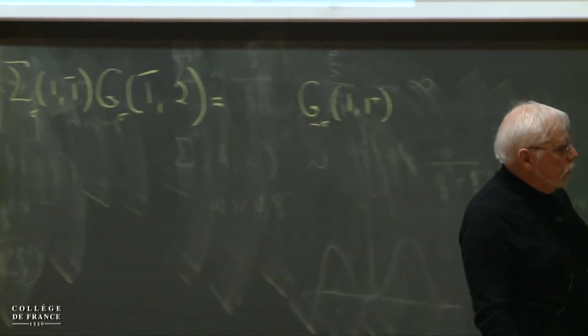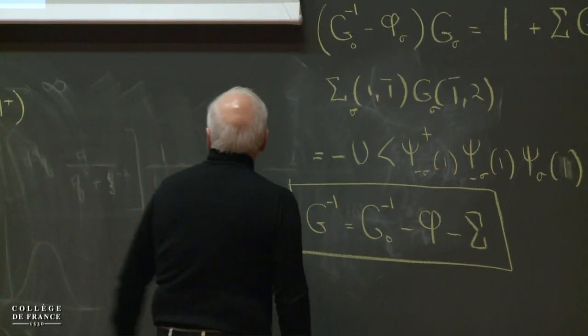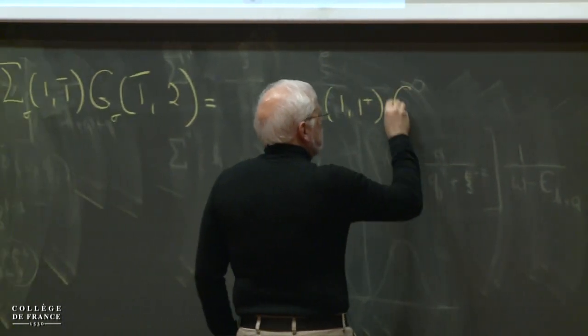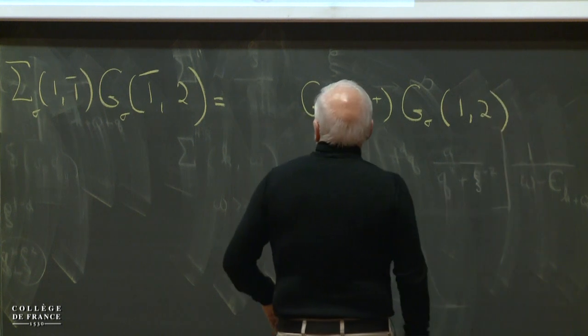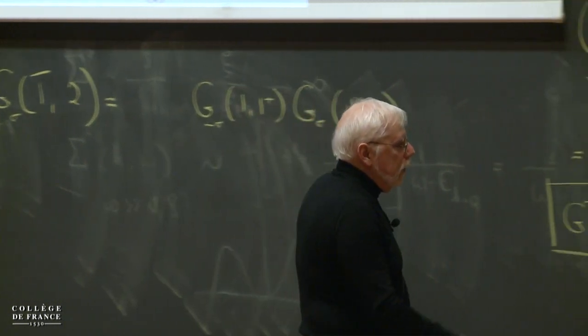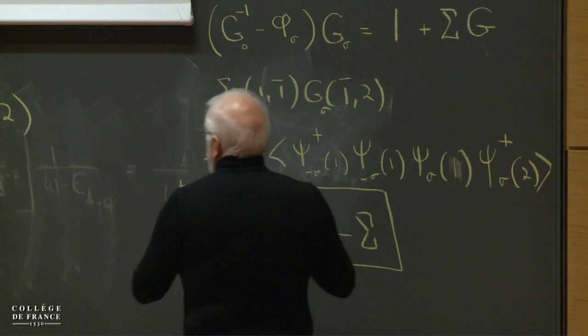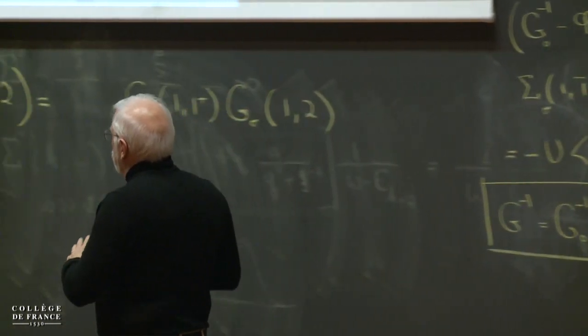The plus here just means this time order. And I have a G sigma of 1, 2. But what I want is that when 2 is equal to 1 plus, I get the exact result. I don't want to make an approximation.